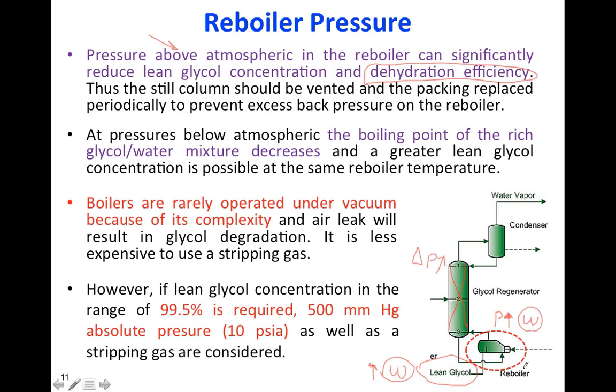A big pressure drop means we will have high pressure at the bottom, because there is an obstacle in front of the gas phase. This high pressure is not good, so we have to replace this packing more often to make sure that we won't have any excess back pressure or pressure drop.